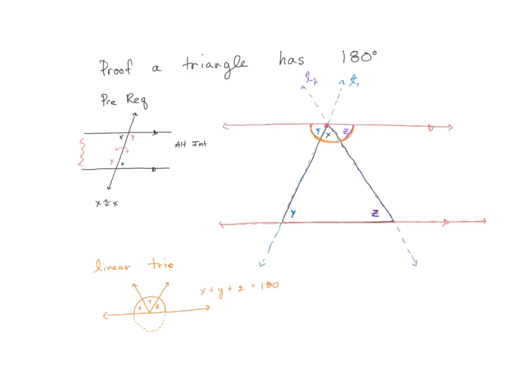So if I see that these three angles, x, y, and z here, form a linear trio, let's say, they make up a straight line, then I know that's 180 degrees. Well, I've just proven right here with this linear pair and these that x plus y plus z is in fact equal to 180.